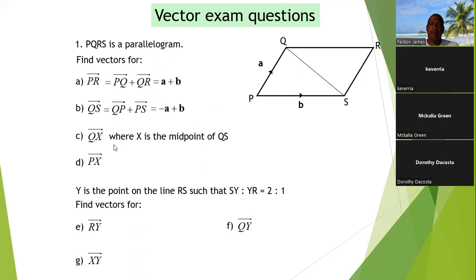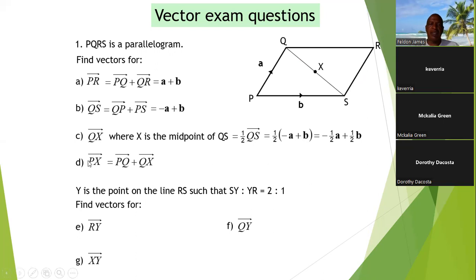And then this one, X, would be half of QS, which would be half of minus A plus B. And then PX would be, when you expand the bracket. So you can leave it without expanding the bracket, but if you wish, you can do this.